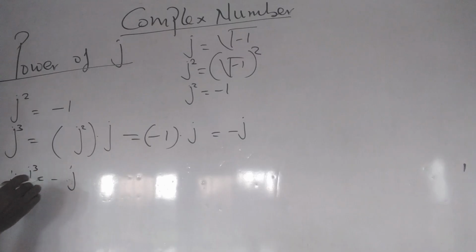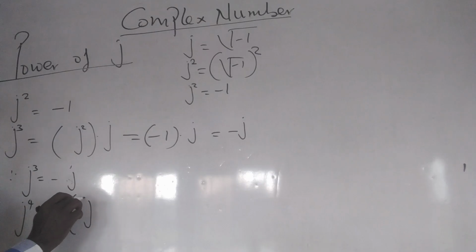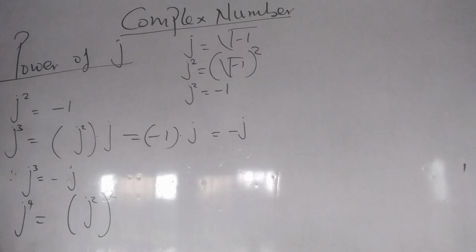This is very, very important, because by the time we get into multiplication of complex number, you will apply this property. Okay, so let's talk about maybe J raised to the power of 4, and this is the same thing as J raised to the power of 2 multiplied by 2.